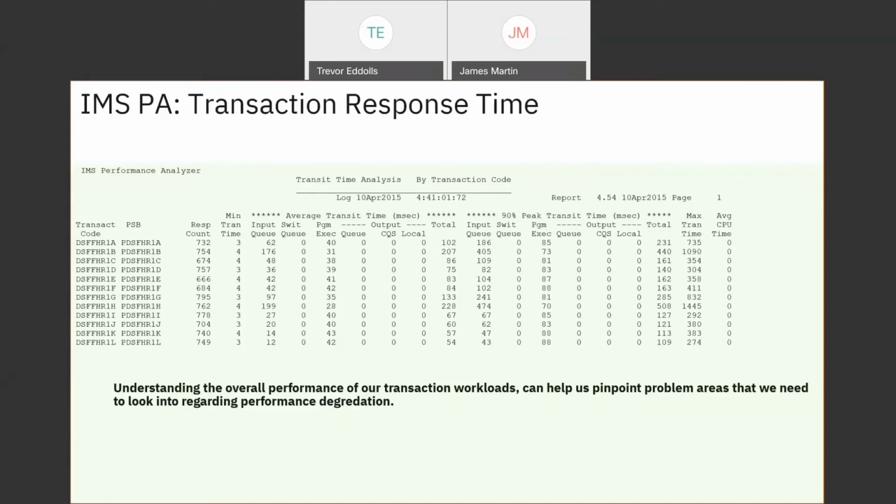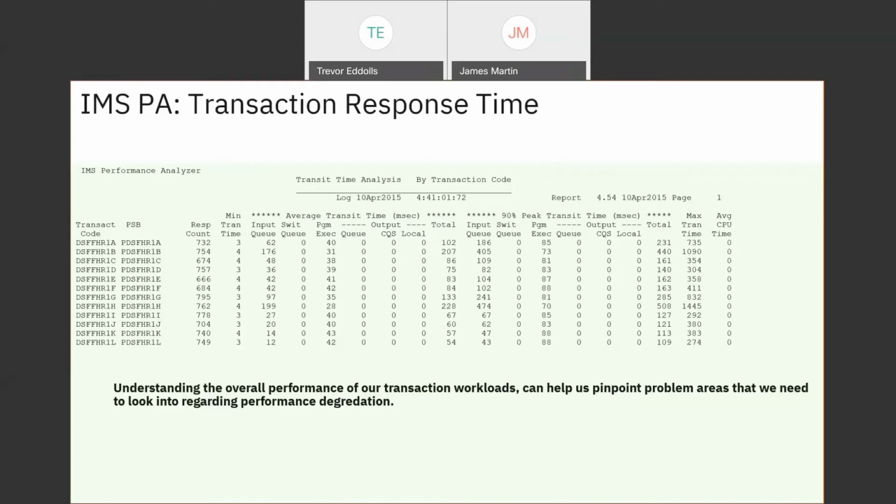You can also see that I have average transit time up there at the top, which will include the input queue, the program execution time, and the output queue time, and it's even broken down by queue types. You can see CQS, with shared queues, local queue, all that type of information. And then on the right, I'll have my IMS total time.